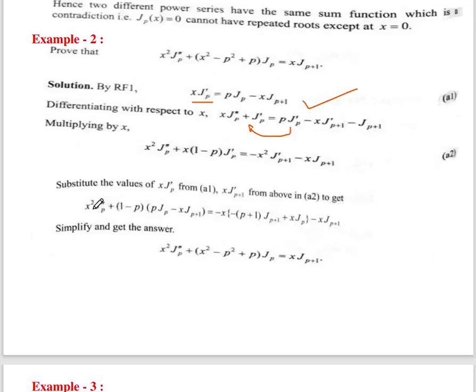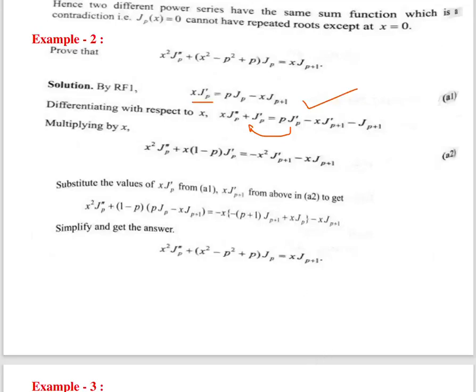So after simplifying, after 1 or 2 steps of calculation, we get the required answer, that is x square J double dash p plus (x square minus p square) plus p J_p equal to x J_p plus 1.